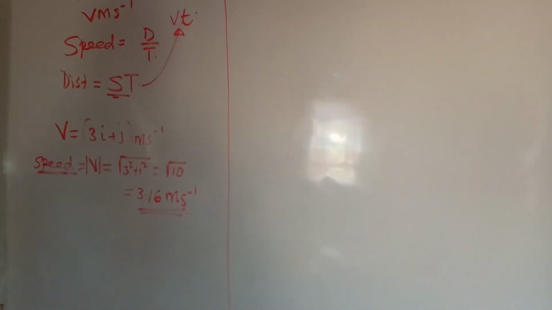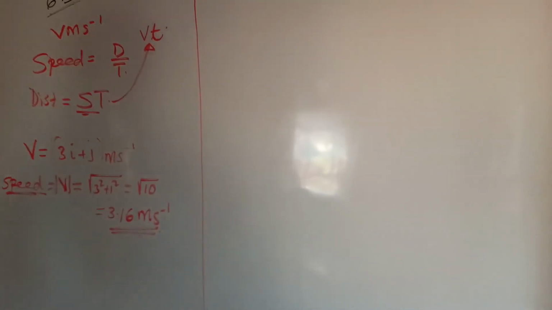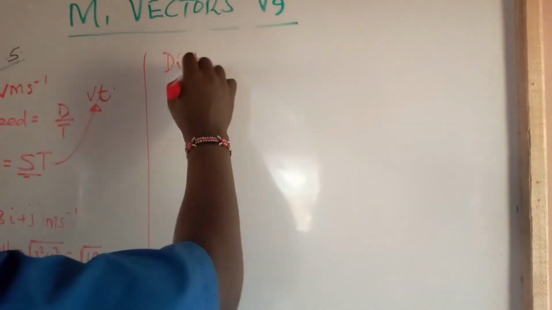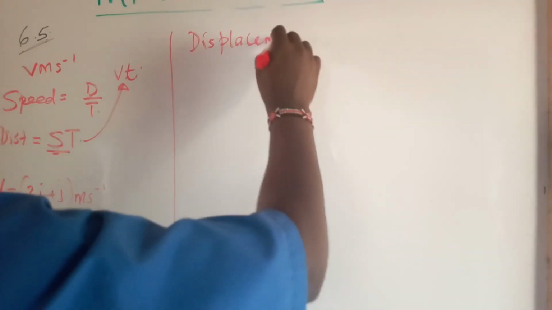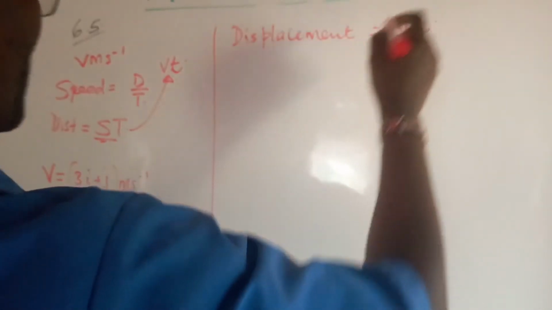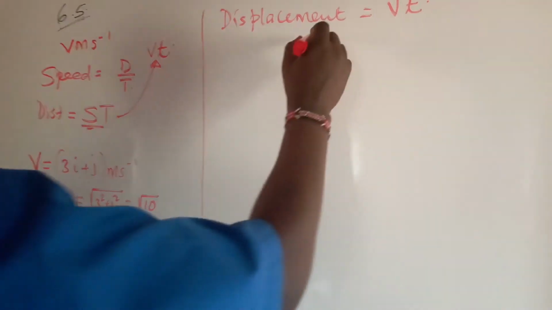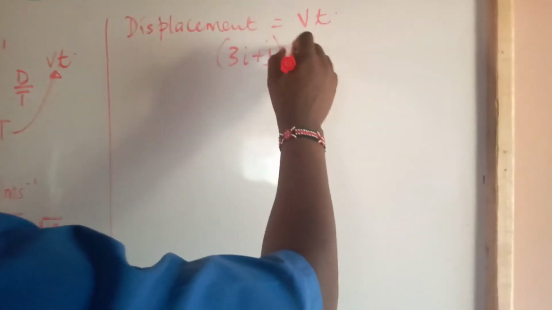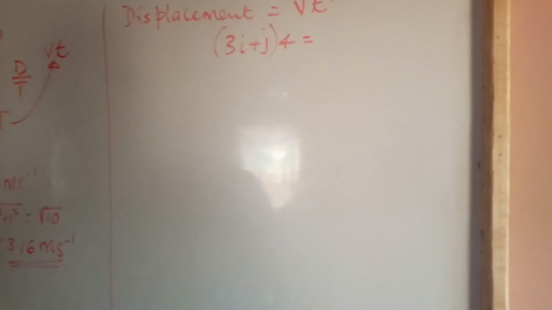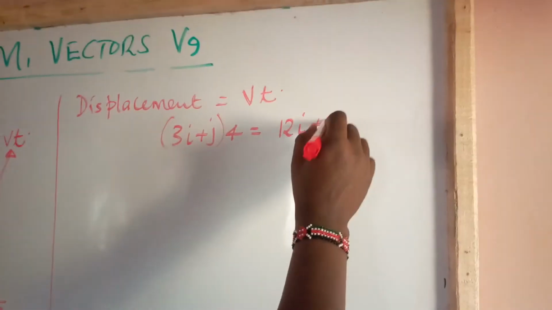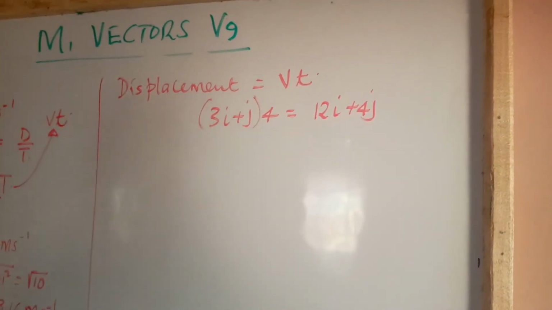There are two ways to approach this question, because we can first of all calculate the displacement. The displacement is velocity times time, and velocity is 3i plus j multiplied by time, which is 4, giving us the total displacement as 12i plus 4j.